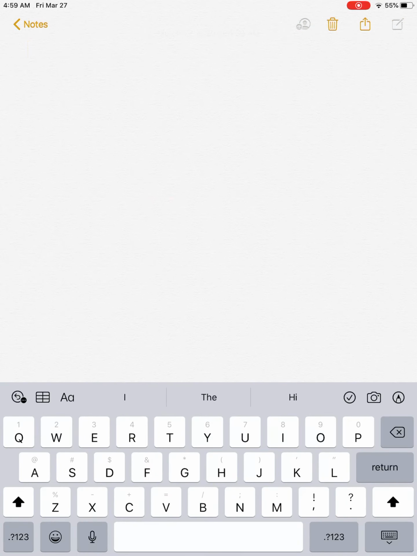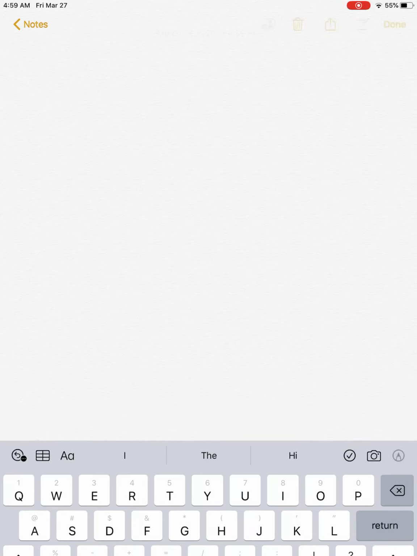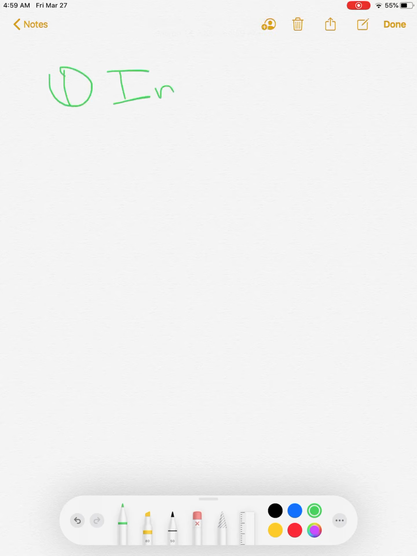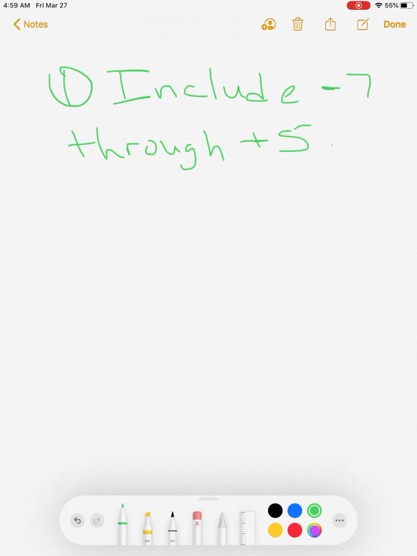All right. So for the first practice number line, I want the first one to include -7 through +5. And this one should be an east and west number line.